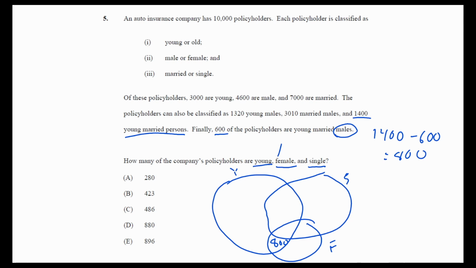Now we know that there are 3,000 young people, but there are 1,320 young males. So how many young females do we have? 3,000 minus 1,320 is equal to 1,680.